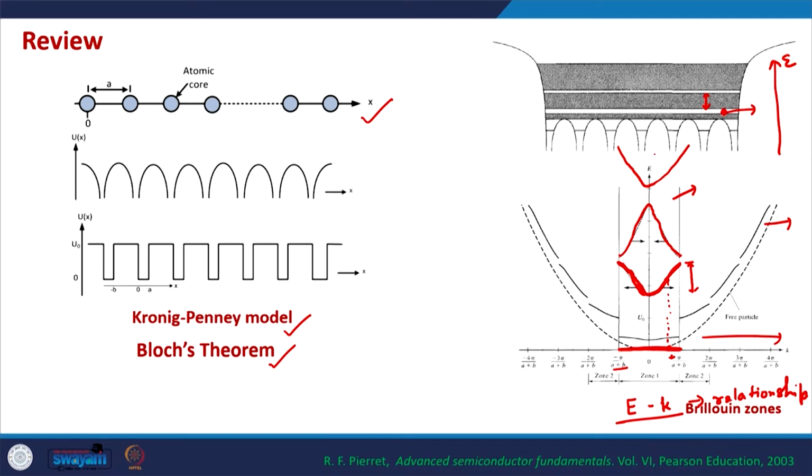So, the band which is the highest occupied band or the band up to which electrons exist in a solid is generally known as the valence band. So, in this case if electrons are taking energy for example up to this value, which means that at T equal to 0 Kelvin all the electronic states up to this energy value are filled. So, this band will be known as the valence band and the band just above this band will be known as the conduction band.